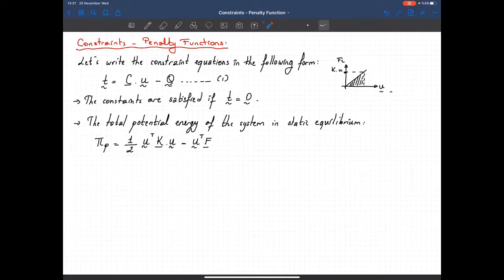That's the internal strain energy. And this is the work done by the external forces.